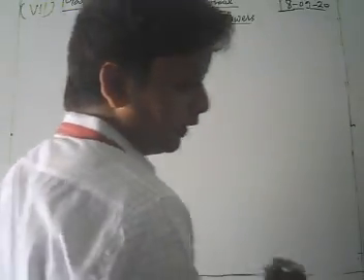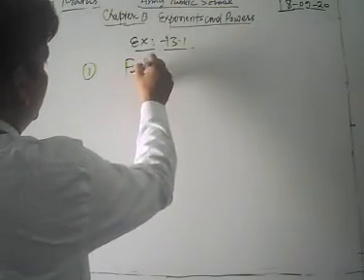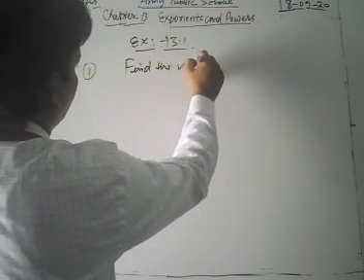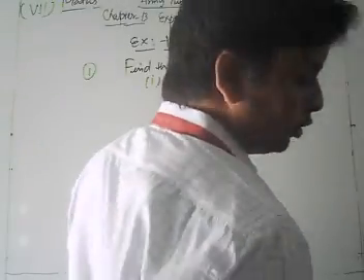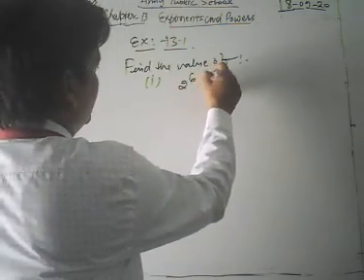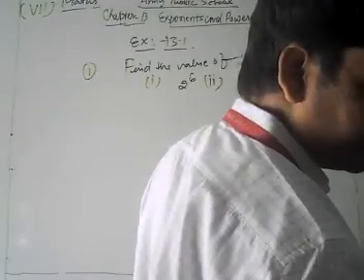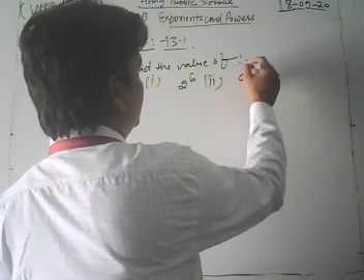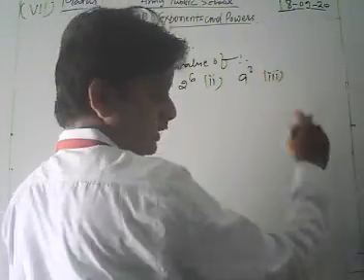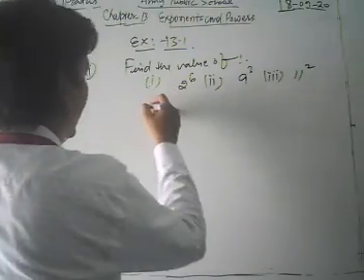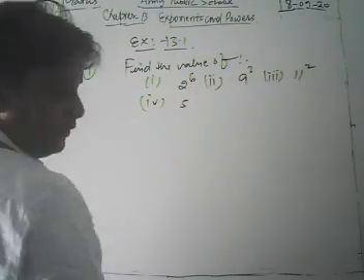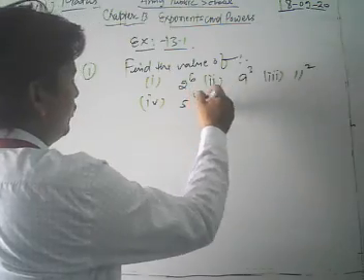The first part is 2 to the power 6, the second part is 9 to the power 3, the third part is 11 to the power 2, and the fourth part is 5 to the power 4.